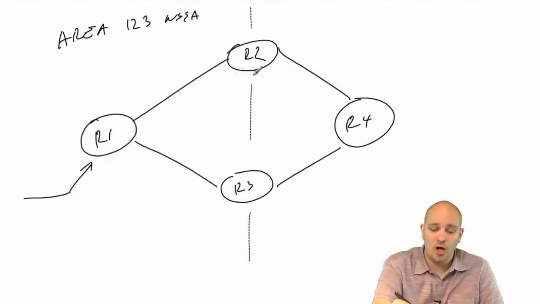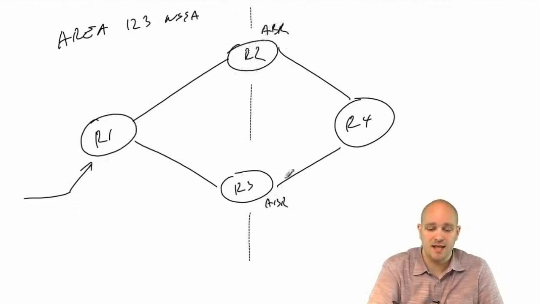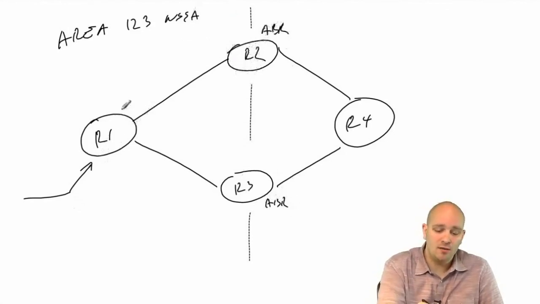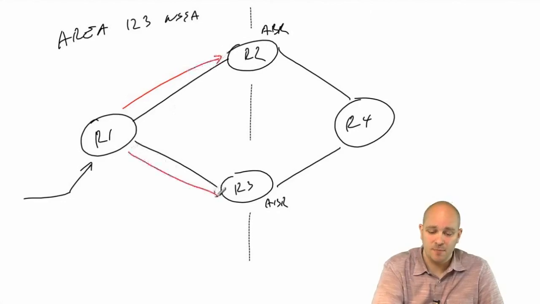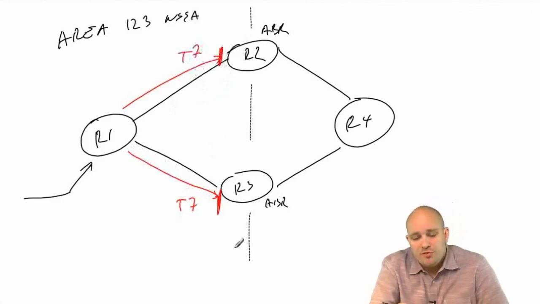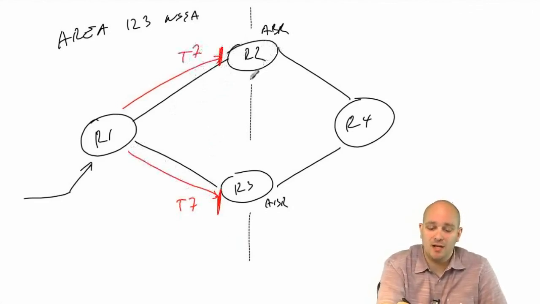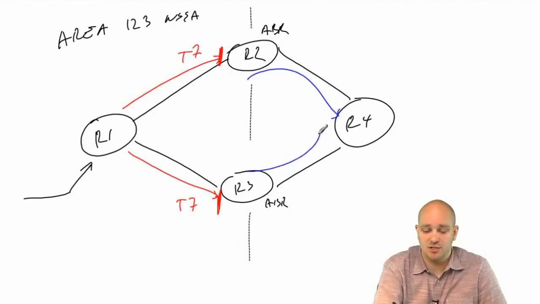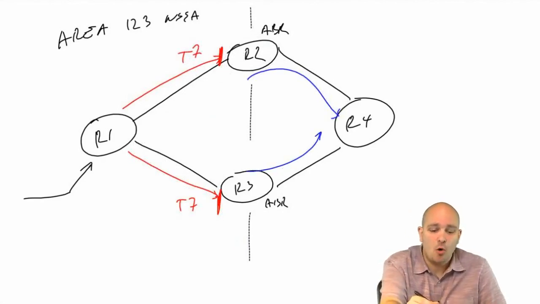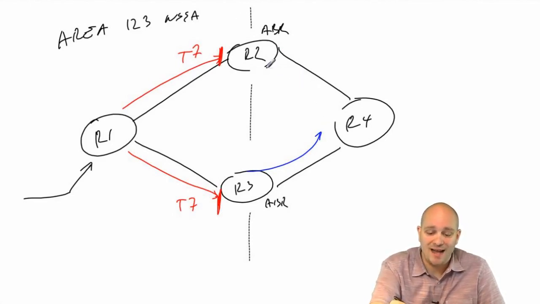That means that our R2 and R3 routers are NSSA ABR. So this is an ABR and this is an ABR. Now, when this type 7 LSA is learned by R2 and R3, you would think that both of them would actually provide the translation service. They won't. Only one of them will translate, and that is going to be dependent on the router ID.